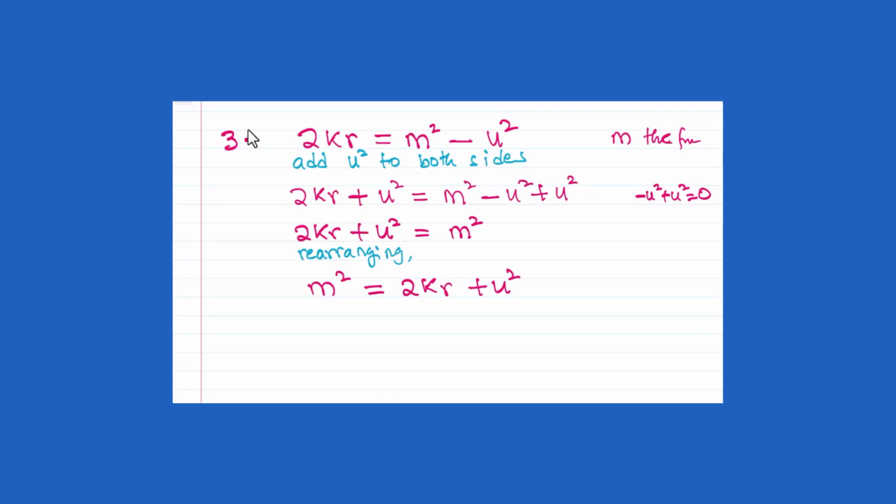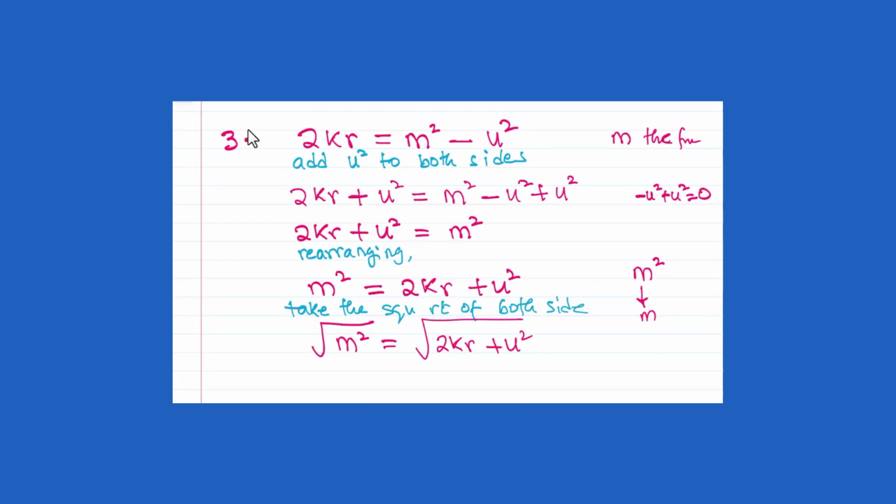Now, for us to go from m squared to m, we are going to take the square root of both sides. So when we take the square root of both sides, this becomes square root of m squared and square root of 2kr plus u squared.